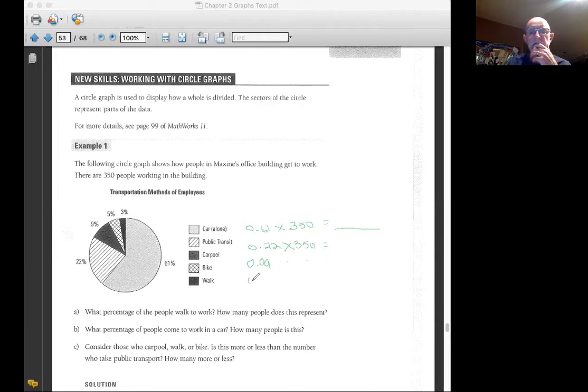Bike, 0.05, times 350, and walk 0.03, and so on.